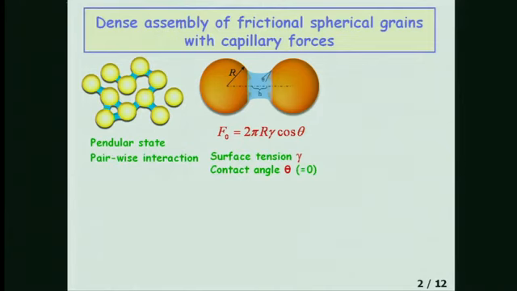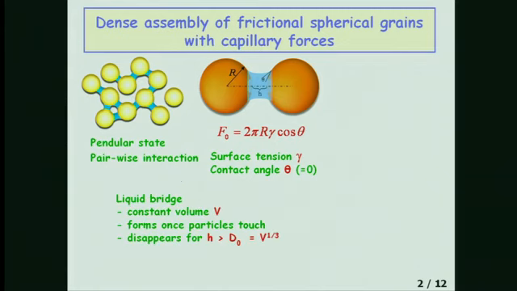These bridges introduce a cohesion force, which is proportional to the surface tension of the liquid and the contact angle, and proportional to the size of the grains. And this force between the 2 grains depends on the distance. Within the model which we have chosen, the liquid bridge has a constant volume.